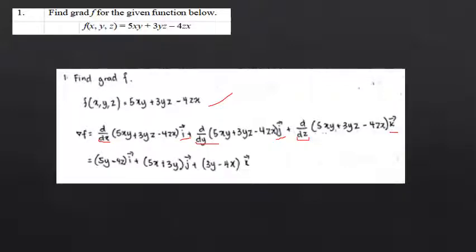The partial differentiation we're doing here. Hence, after the differentiation, I find my solution is (5y minus 4z) i plus (5x plus 3y) j plus (3y minus 4x) k.